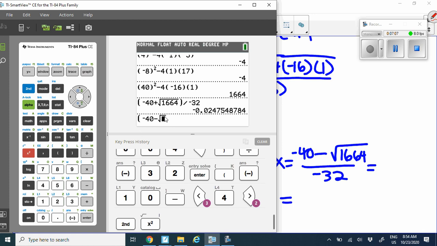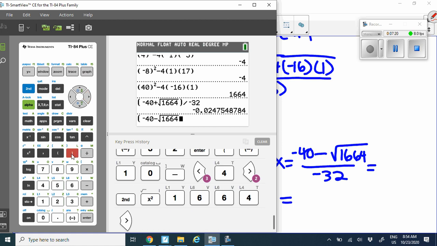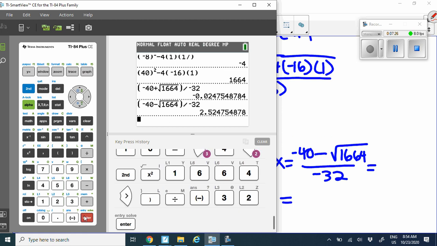Like you'll have parentheses, and then in yours, you'll have parentheses for the square root. Make sure you add 2 parentheses at the end if you're using a scientific calculator. If you're using a graphing, you can just basically do 1 set of parentheses. And then divided by negative 32. And we get about 2.52 here, okay?